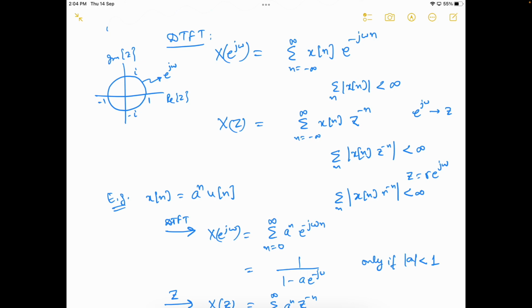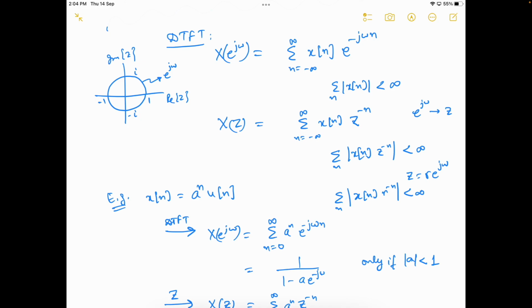Let me give some example. Let's say a n is 1, the unit step function, 1 always. Then it will be bounded, but it won't converge. Let's say a is greater than 1, for example 2 to the power n.